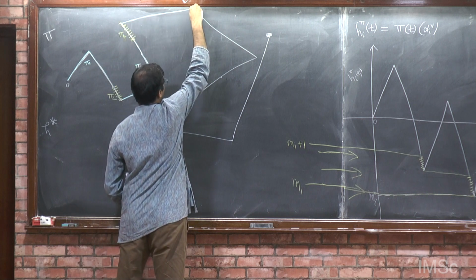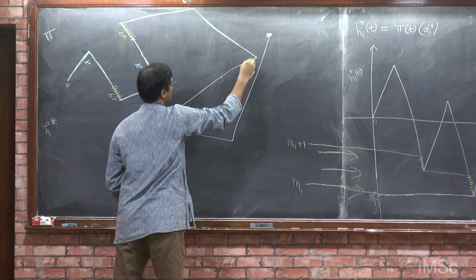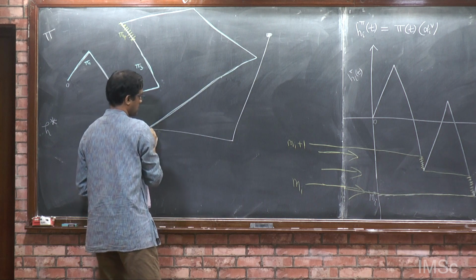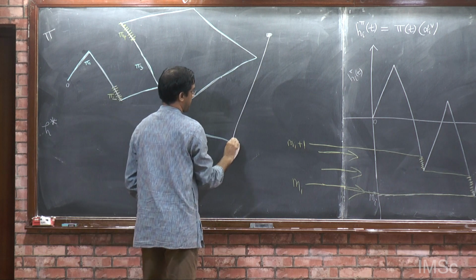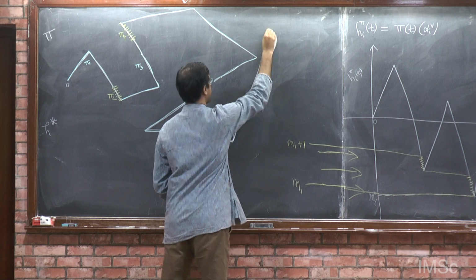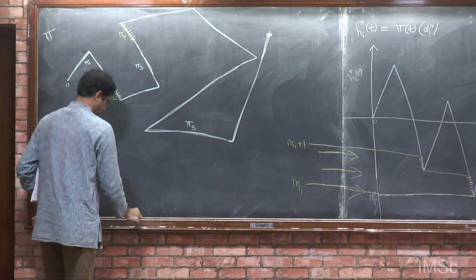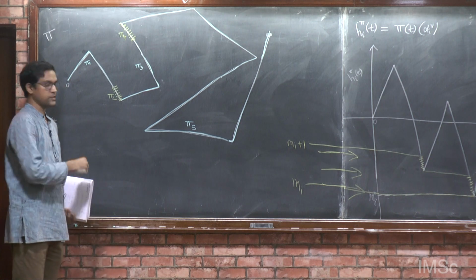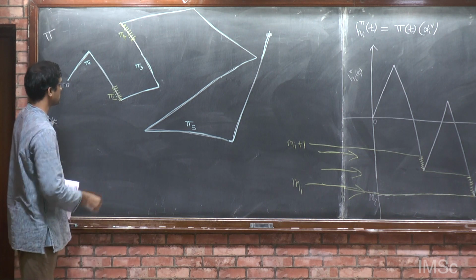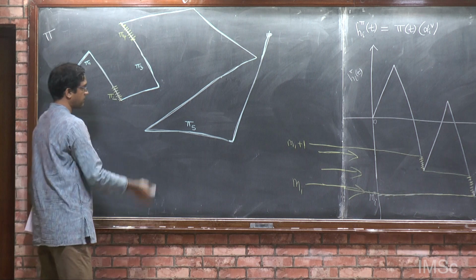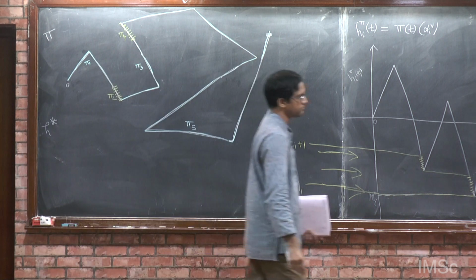So it's enough to split into 5 bits. So we have written the path out in this case as pi 1 concatenate pi 2 concatenate pi 3 concatenate pi 4 concatenate pi 5.